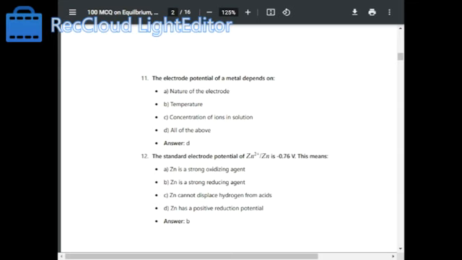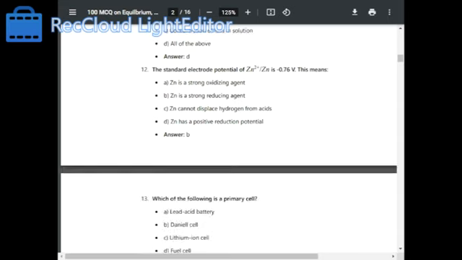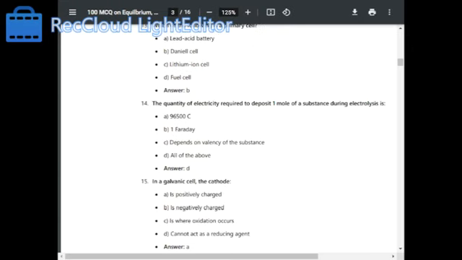This means option A Zn is a strong oxidizing agent, B Zn is a strong reducing agent, option C Zn cannot displace hydrogen from acid, D Zn has a positive reduction potential. The correct answer is B. Zn is a strong reducing agent. Option B is correct.